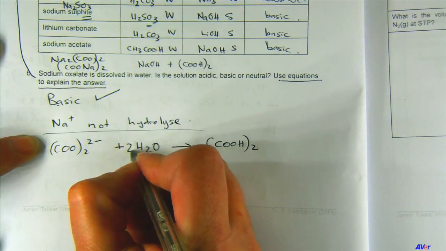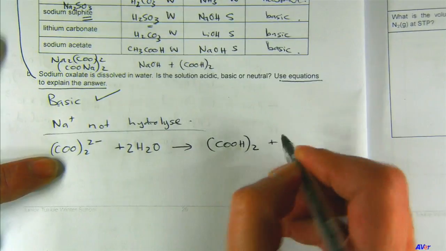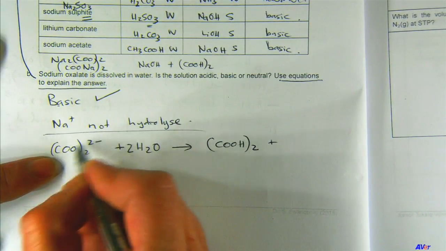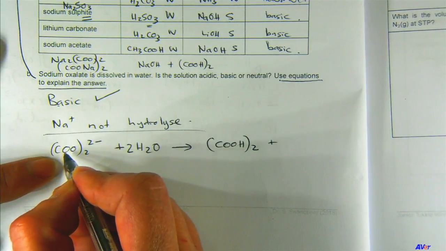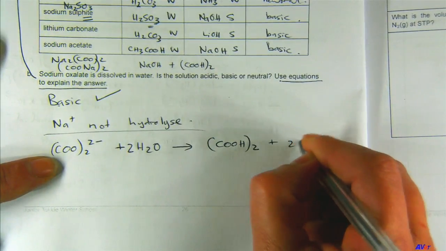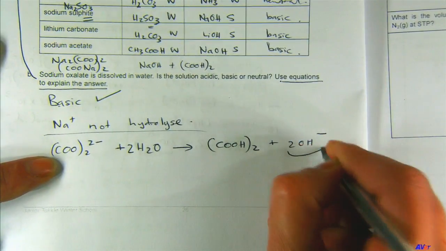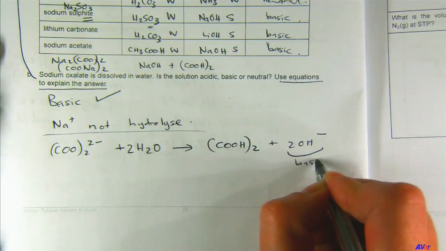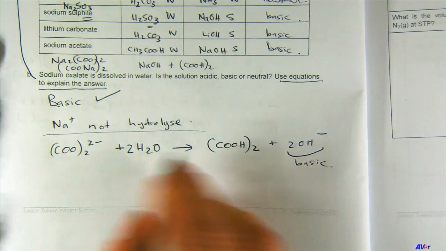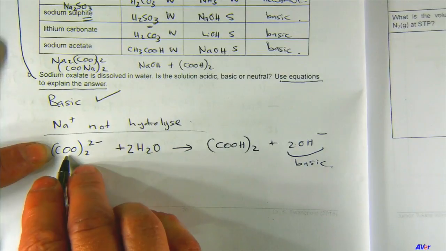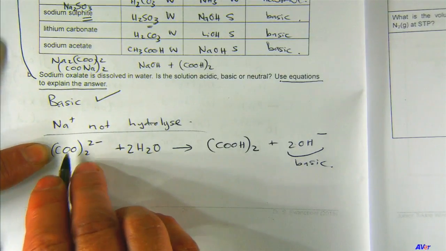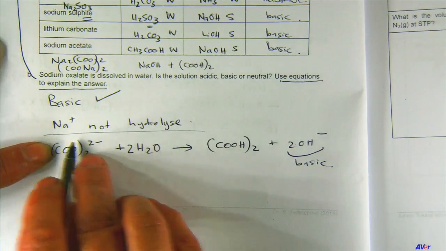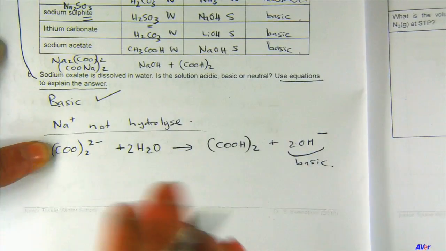So you'll have to have 2 water molecules, and what happens when the H is transferred? That one ends up as 2 OH minus. And this is why it is becoming basic. Because when this oxalate ion comes into the water, it will hydrolyze and form OH minus, and that will make it basic.